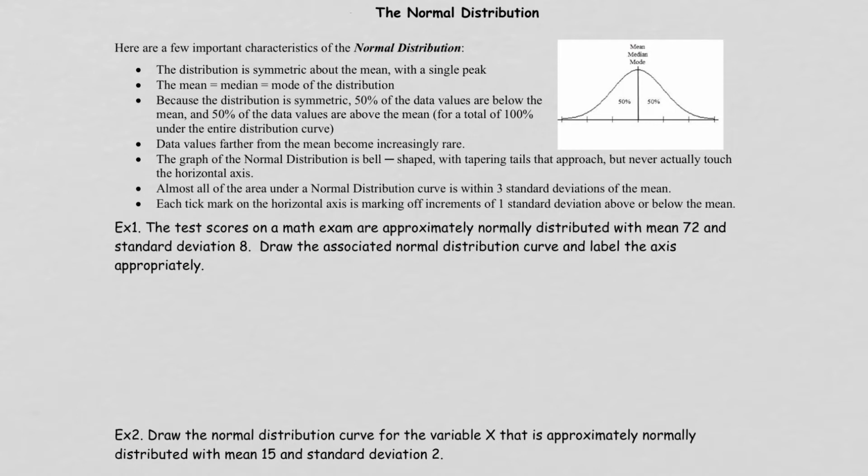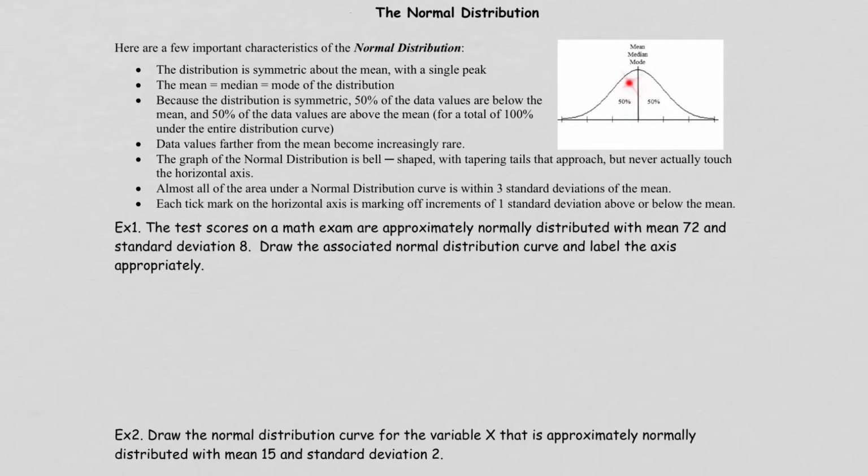So if we say all this is going to be 100%, exactly half is going to be the mean. It means this side of the data values plus this side of the data values should be equal to each other, and so it will be 50% and 50%.